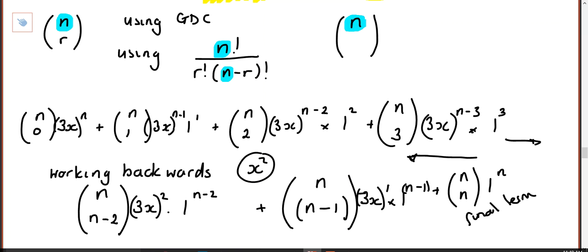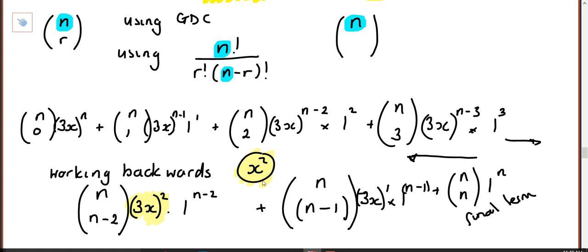So I've got this x squared term, which is what I've been looking for. Alright? Are you all with me at that stage?